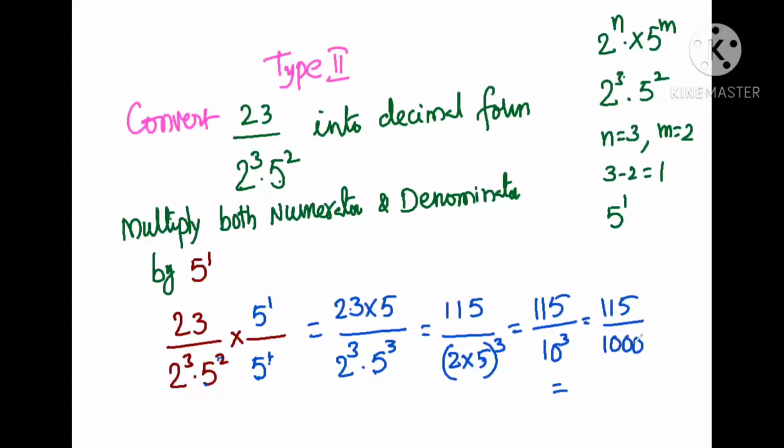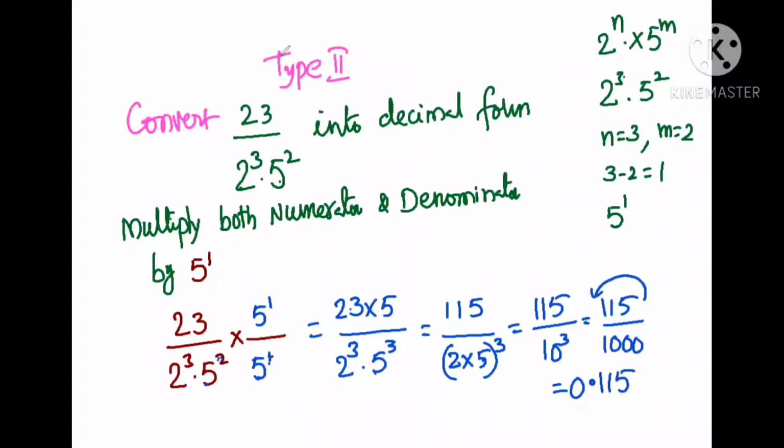In the denominator there are 3 zeros. Starting from the right side, move to the left up to 3 digits. After 3 digits you have to keep the decimal. So the answer is 0.115, and the integral part is 0. 0.115 is the decimal form of 23 by 2 cube into 5 square.